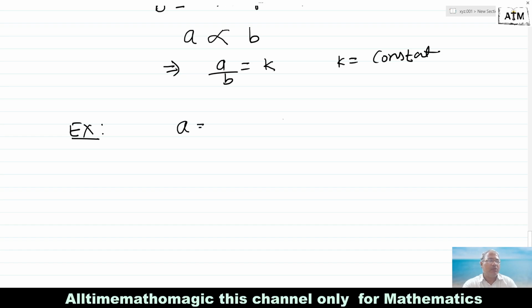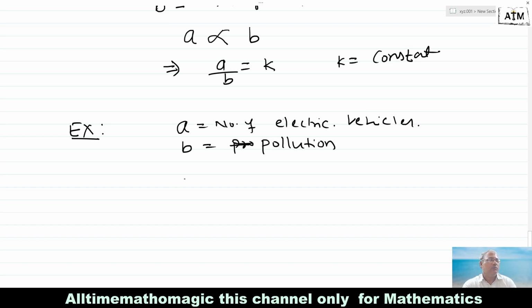Suppose A equals the number of electric vehicles and B equals pollution. Then as the number of electric vehicles increases, pollution decreases. It can be written like this, and we read it as A is in inverse proportion with B implies A into B equals K. Thus, when two numbers are in inverse proportion, their multiplication is constant.